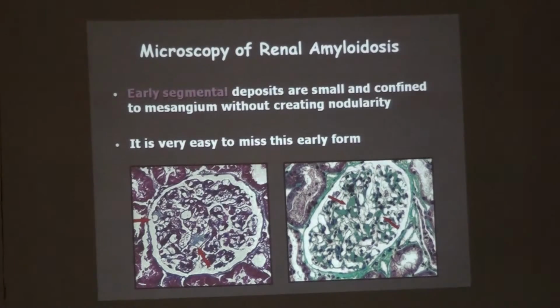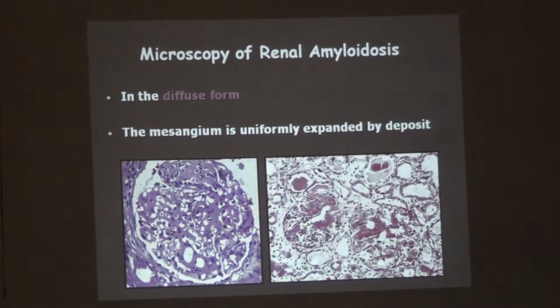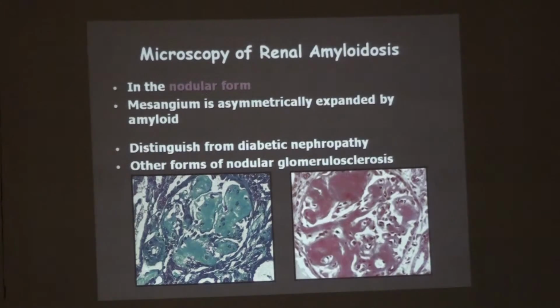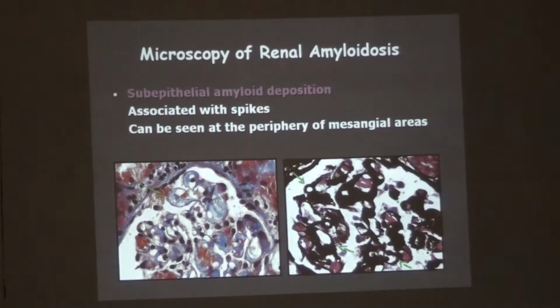This is the early segmental form, what we are seeing now. These are the diffuse form, where the mesangium is uniformly expanded by the deposits. And this is the nodular form, where the mesangium is nodularly expanded by amyloid, and it is distinct from diabetic nephropathy. And these are subepithelial deposits. So the green color you can see, and this is the subepithelial.